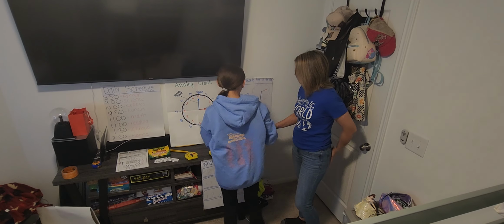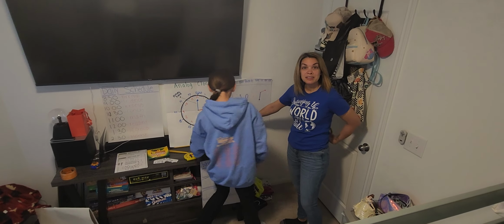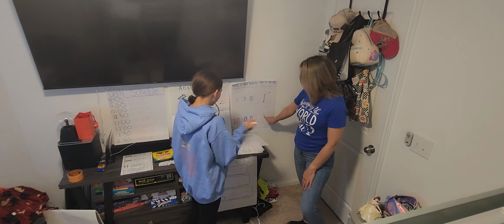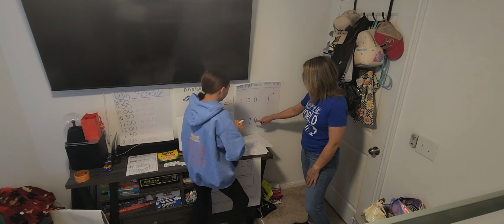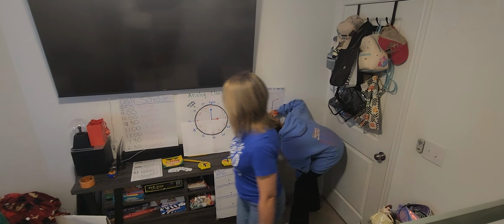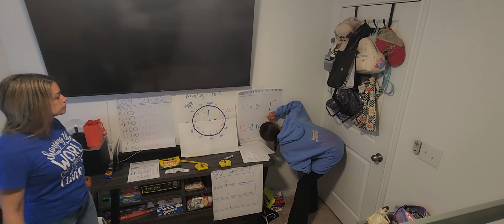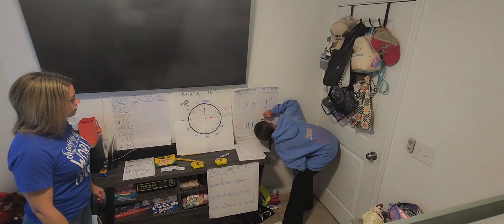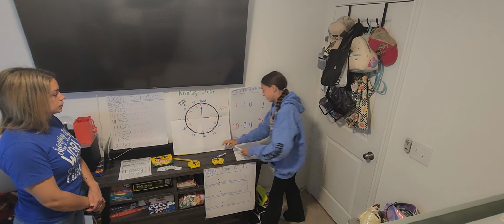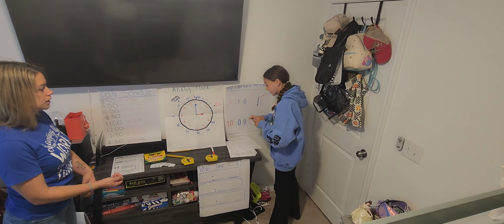Good job, Danny. So now we have 10 o'clock. Are you getting that, Addie? So Danny, can you show me with the hour hand where that would go since it's at the 10? Good job. Now show me where you think the minutes would go. With the long hand in blue.